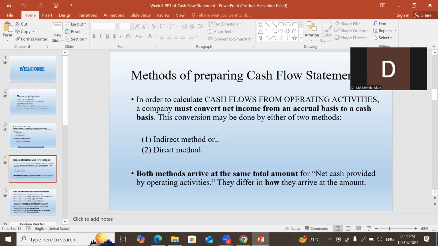Say, for example, net cash is 2 lakh or 10,000. Then you have to find out the gross cash, how much cash is generated in the whole year. Last, in that stage you try to find it out. This is the indirect method.